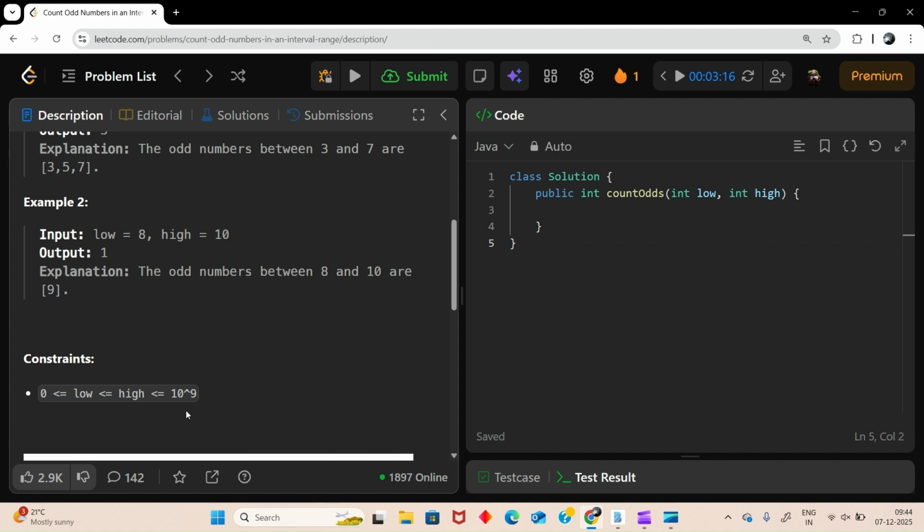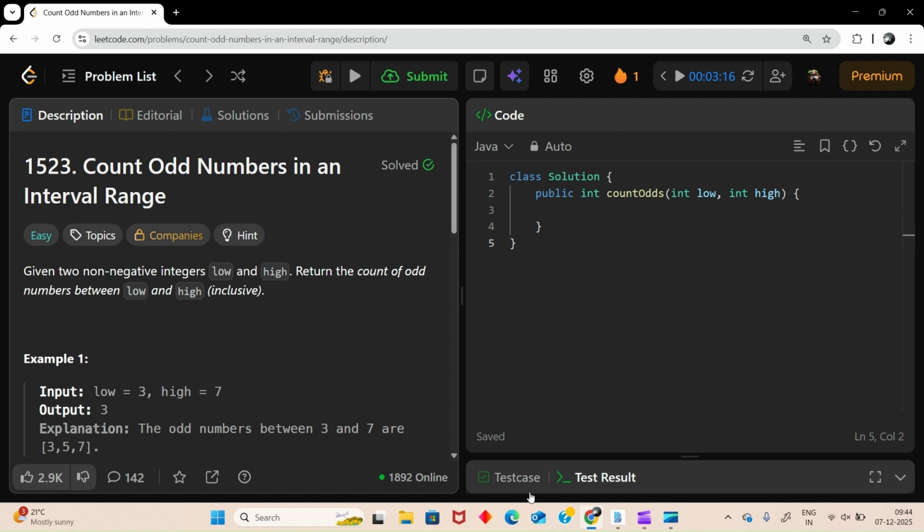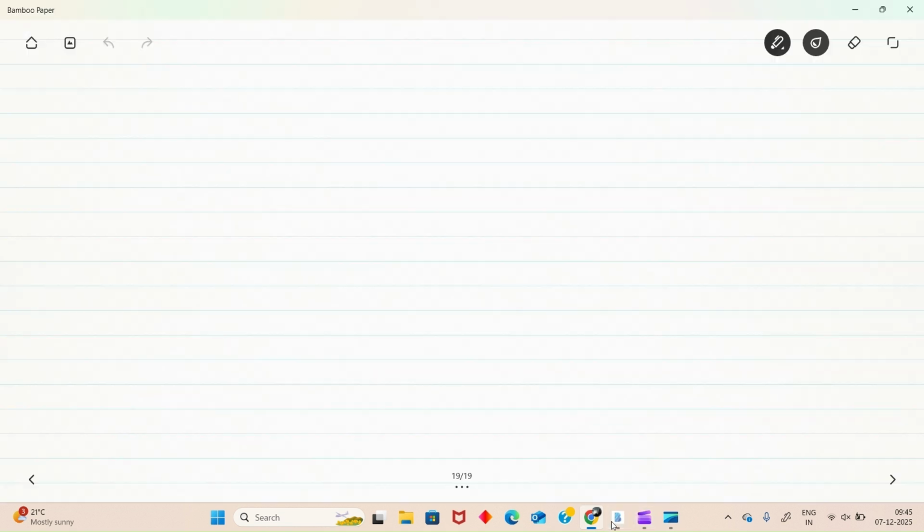So how we will solve this question is a simple approach. We will find the pattern. It's not exactly a pattern, but just even and odd numbers. Let's say your low is 0 and high is 6.